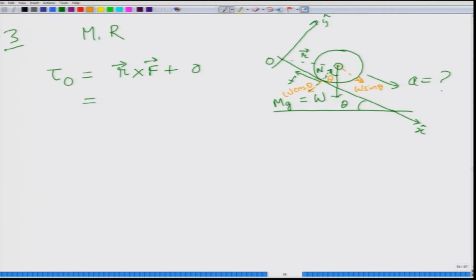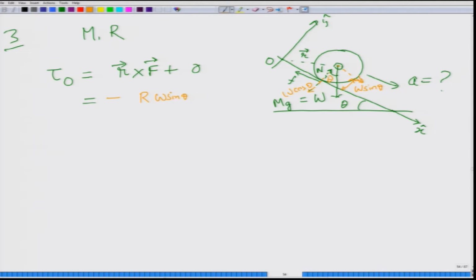So, this is a clockwise direction. Let us take clockwise direction to be negative, then minus force W sin theta, and the perpendicular distance of it from the origin will be this. So, that is actually the radius of this cylinder. So, that is R.